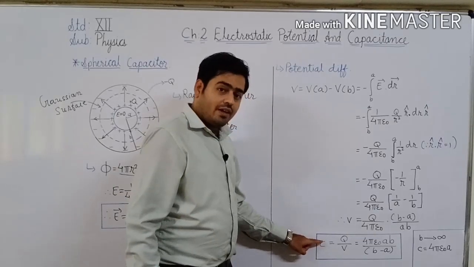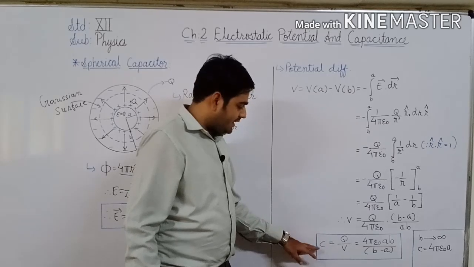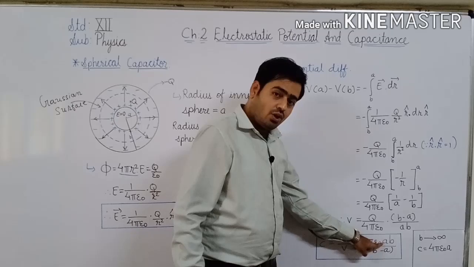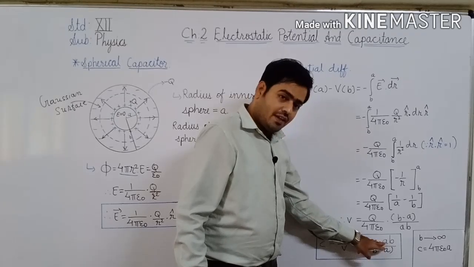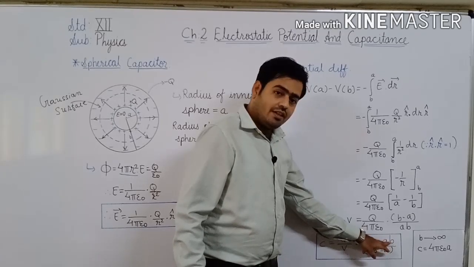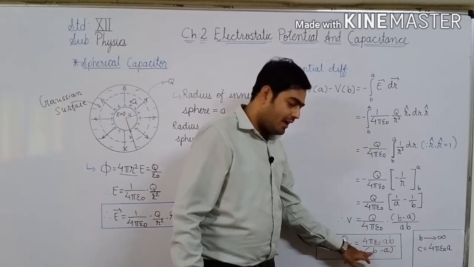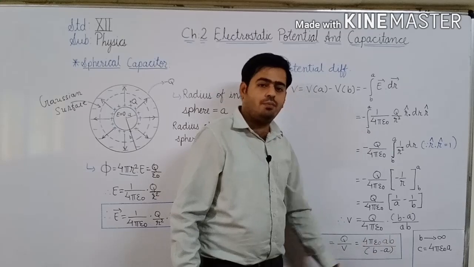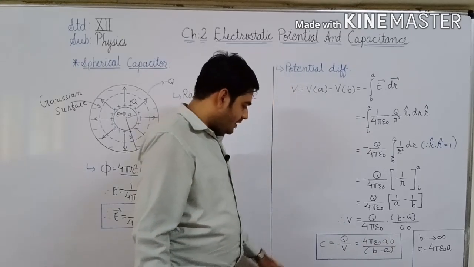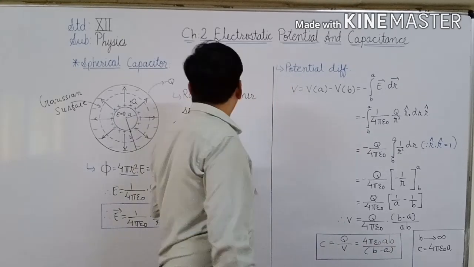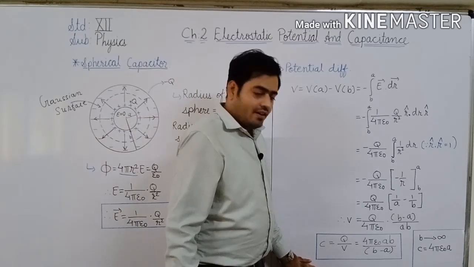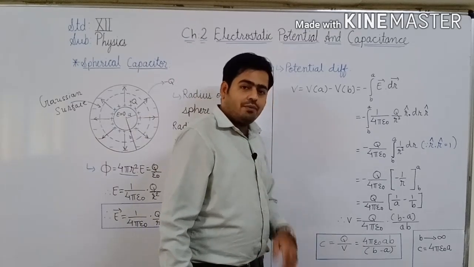So the formula of capacitance of spherical capacitor is 4 pi epsilon naught into radius of inner sphere into radius of outer sphere upon radius of outer sphere minus radius of inner sphere. This is the formula of capacitance of spherical capacitor. This way we can obtain the formula of capacitance.